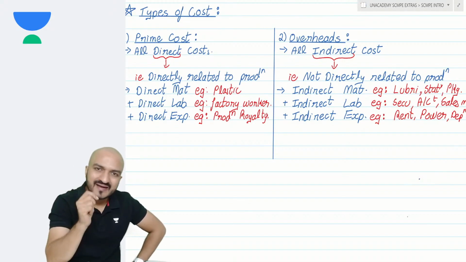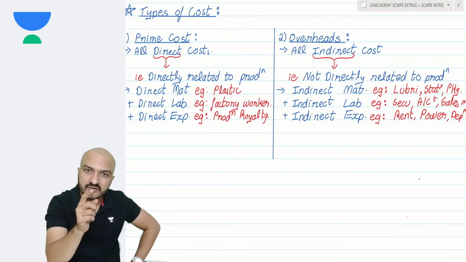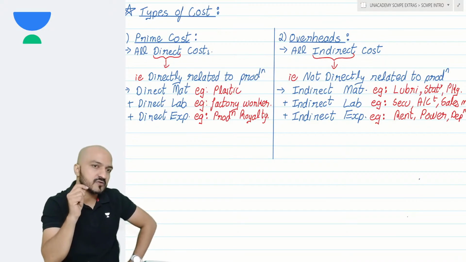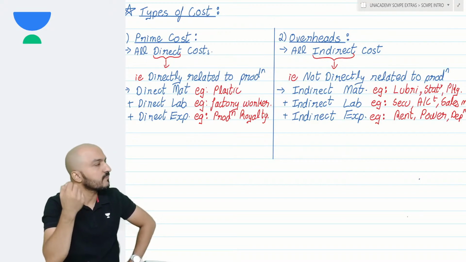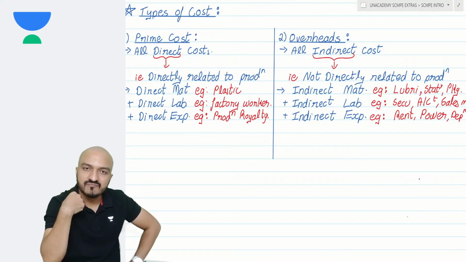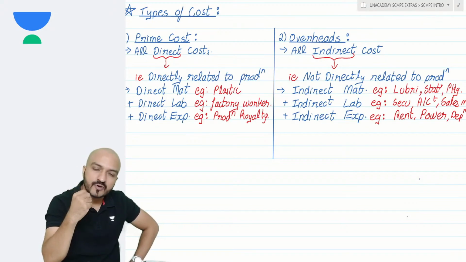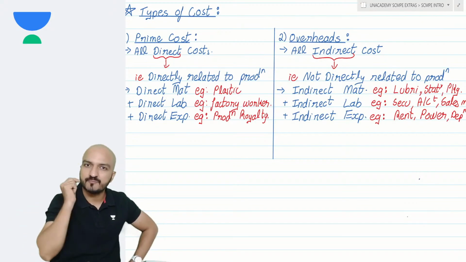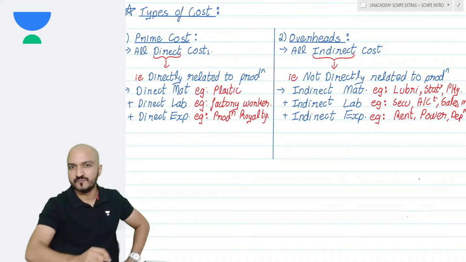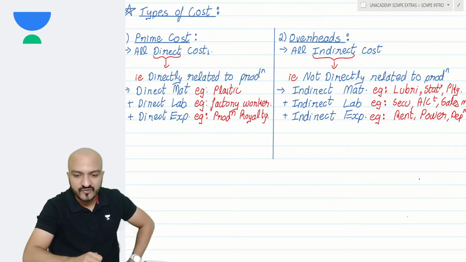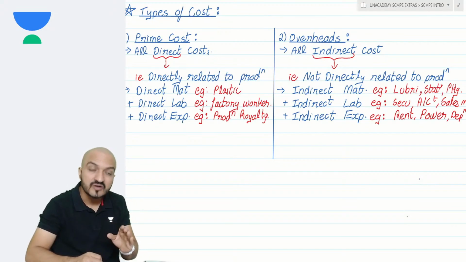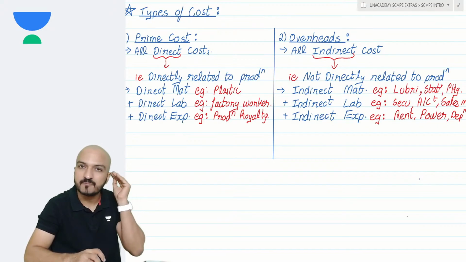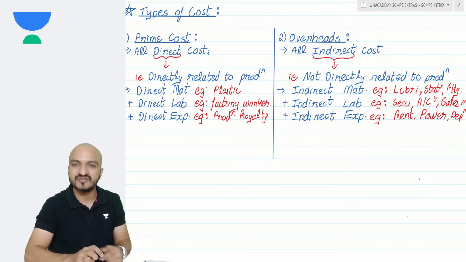If I am using your patented design to do the production, then for every unit that I produce, I have to pay royalty to you. I don't pay royalty for the unit which I sell. No, I pay royalty for every unit that I produce. This is called production related royalty.